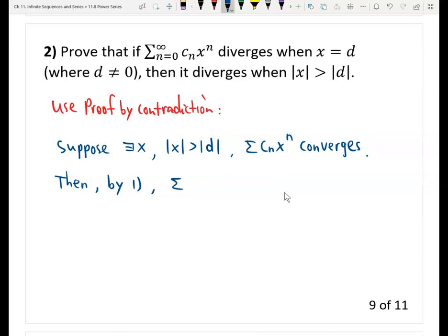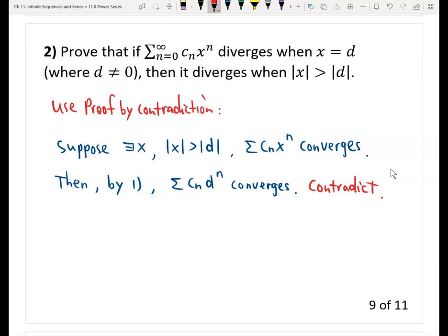Therefore, we have this Cn times D raised to the nth power should converge. Okay, and that's wrong. That's a contradiction. Why? Because our condition says it diverges at D, but now we get converges at D, therefore contradicted. Okay, does it make sense?